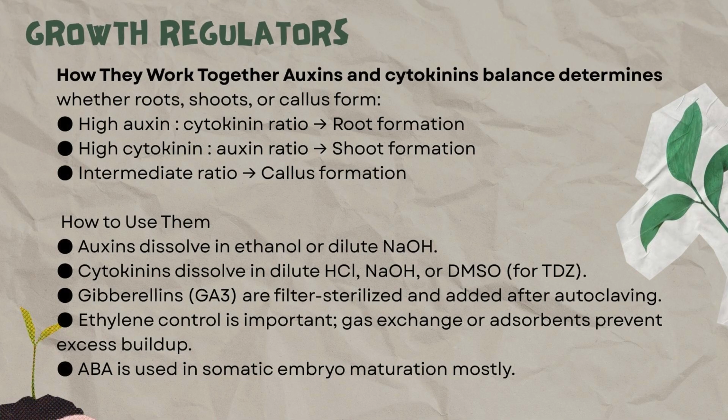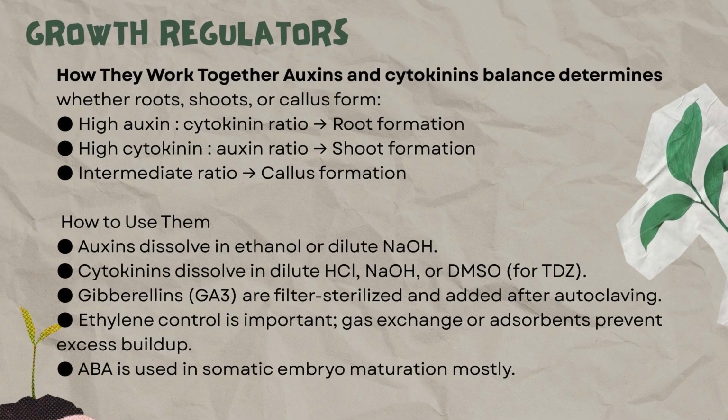Now, here's how you use these hormones in practice. Auxins are dissolved in ethanol or dilute sodium hydroxide. Cytokinins are dissolved in dilute HCl, NaOH, or DMSO if you are using TDZ. Gibberellins, like GA3, are filter sterilized and must be added after autoclaving your medium because heat destroys them.